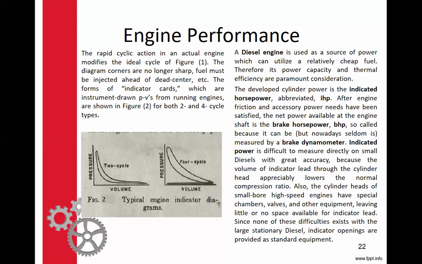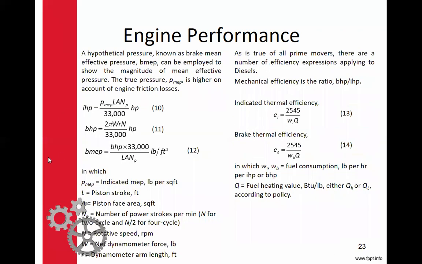Since none of these difficulties exist with the large stationary diesel, indicator openings are provided as standard equipment. Hypothetical pressure, known as brake mean effective pressure, BMEP, can be employed to show the magnitude of mean effective pressure. The indicated pressure, IMEP, is higher on account of engine friction losses.